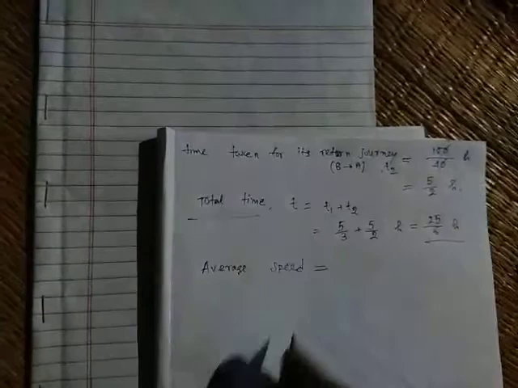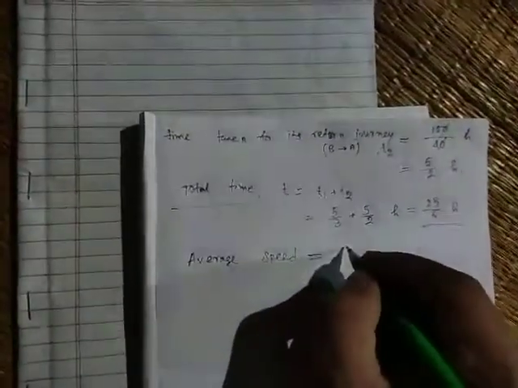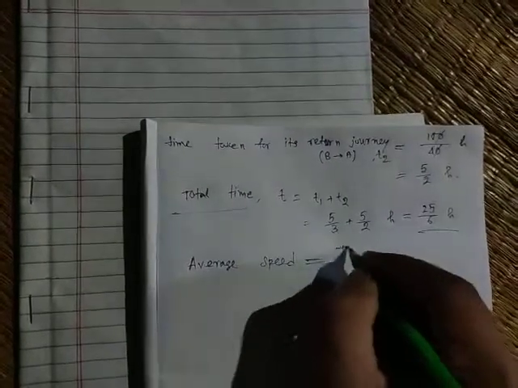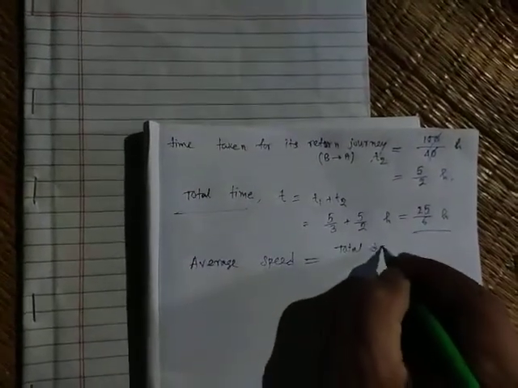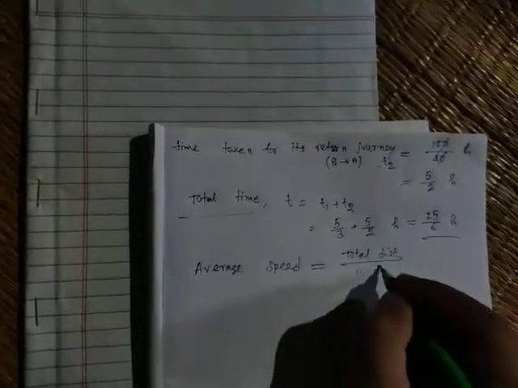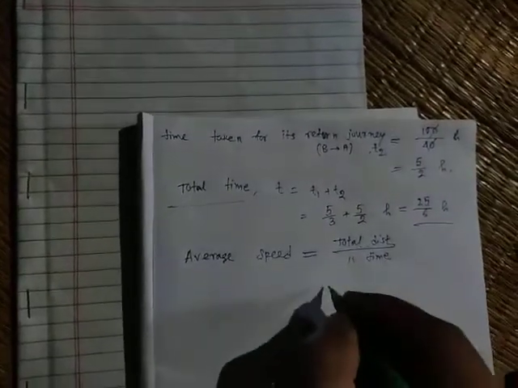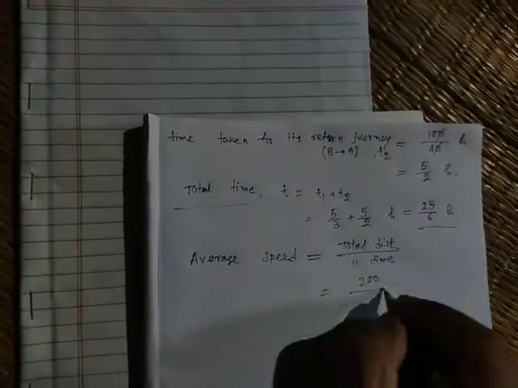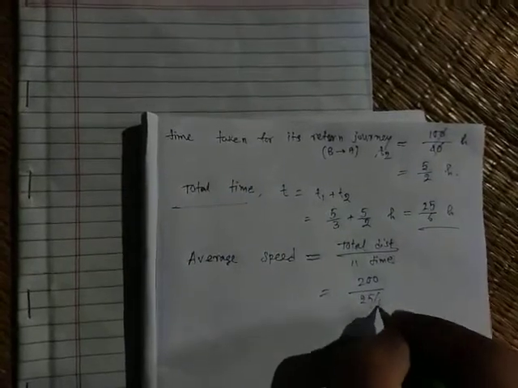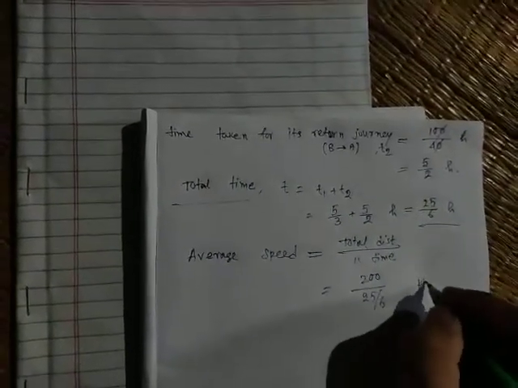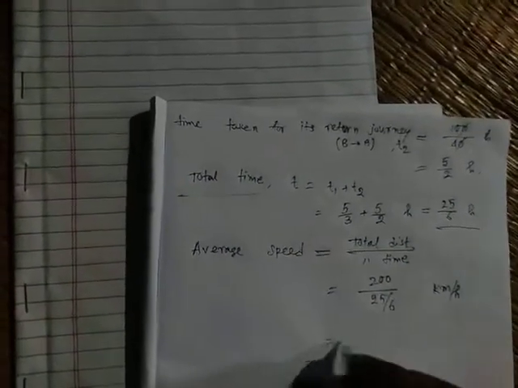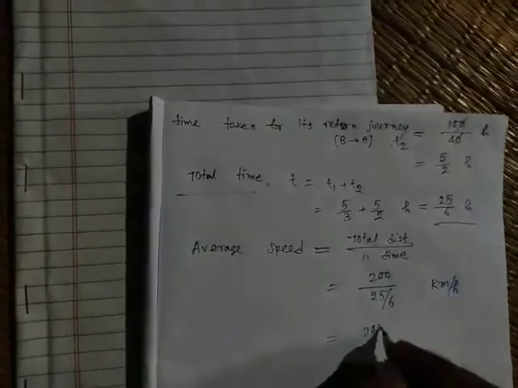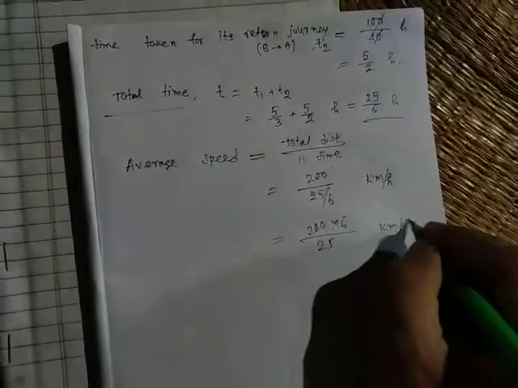Average speed is equal to total distance upon total time. I am writing once. Total distance upon total time is equal to total distance 200, total time 25 upon 6. So speed in kilometer per hour. So 200 into 6 upon 25 kilometer per hour.